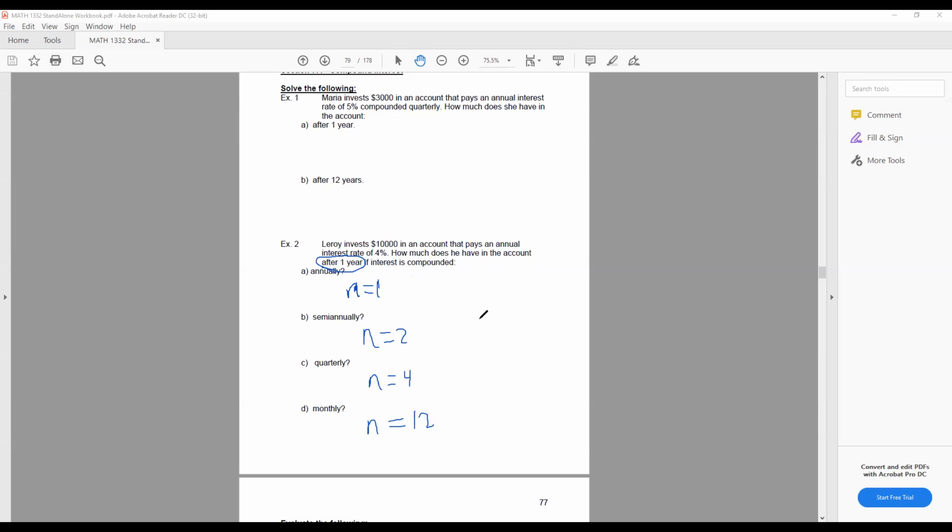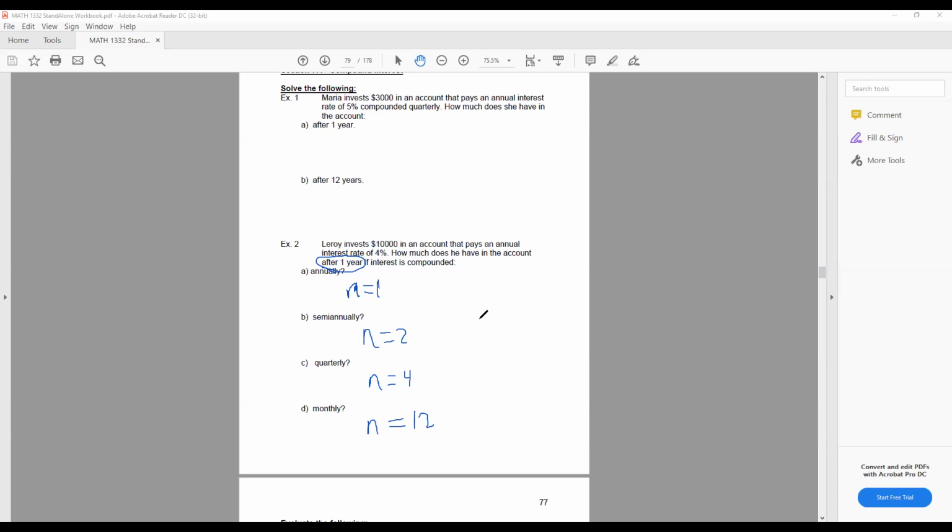So let's write all that stuff down. Example 2. Principal is $10,000. Rate is 0.04, which is 4%.